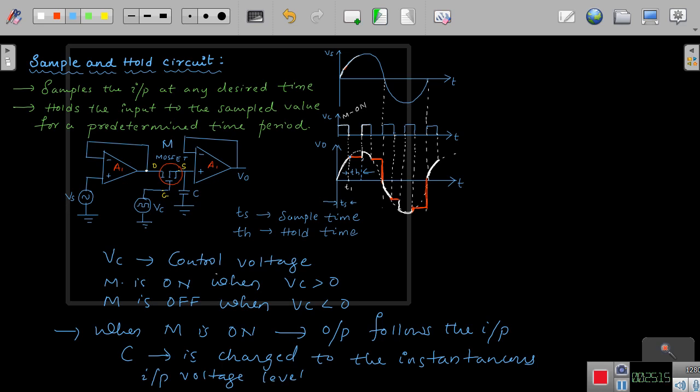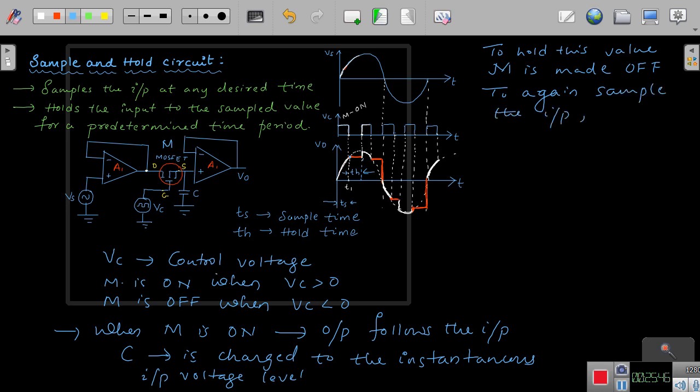To hold this value, M is made off. Then to again sample the input, M is again made on, and the process repeats. This is the working of the sample and hold circuit.